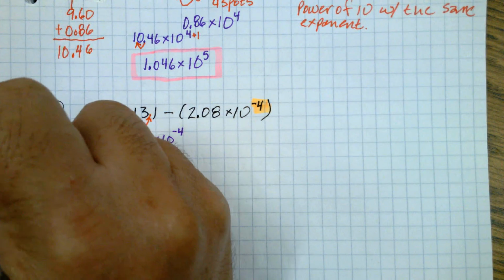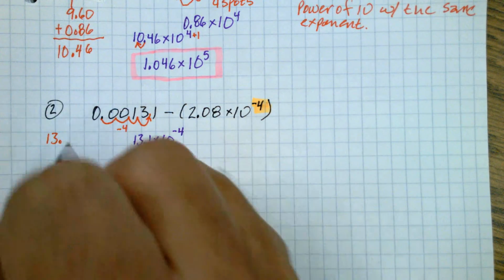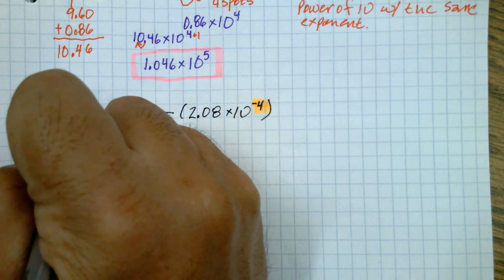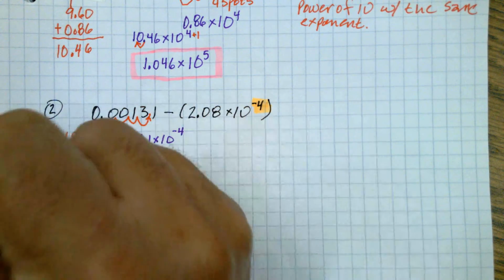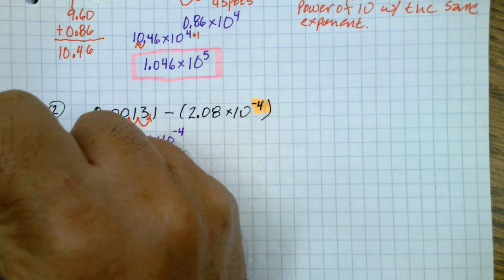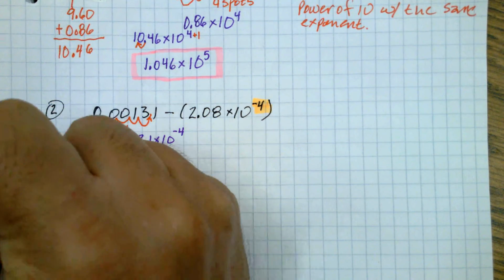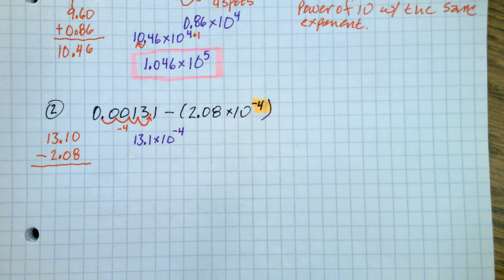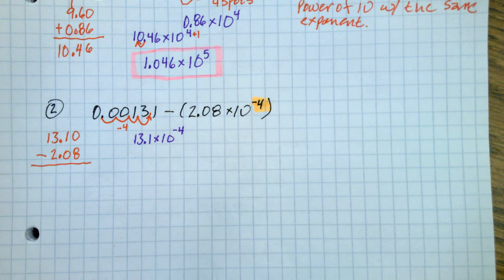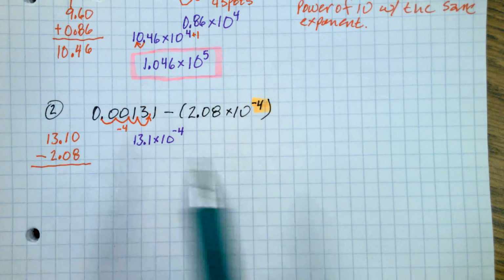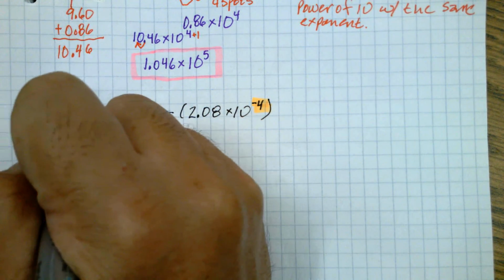We got 13.1. And looks like I'll need an extra 0. And then 2.08. And this time we have to subtract. Okay, since it's subtraction. So let's see here. Oh, I got to borrow. 0, 8 from 0, I can't do it, so I got to borrow.